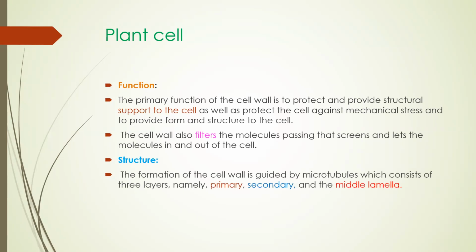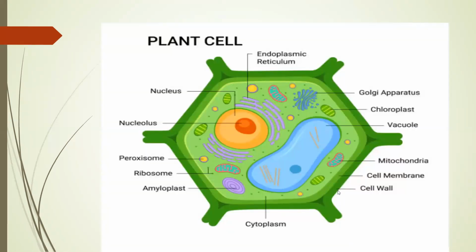Next, the formation of the cell wall is guided by microtubules, and it consists of three layers: the primary cell wall, the secondary cell wall, and the middle lamella. These are the three layers present in the cell wall.